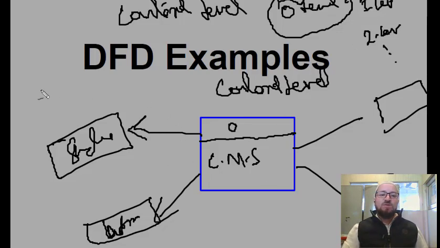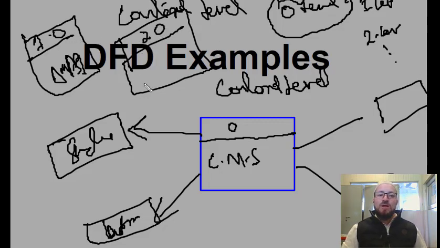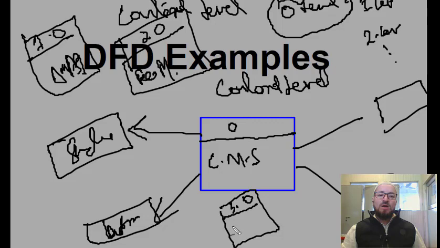In level 1, for example, we take up the attendance management system and call it 1.0. We may have the fee management, which is 2.0, and another process, which is 3.0, maybe the library management, and many more.